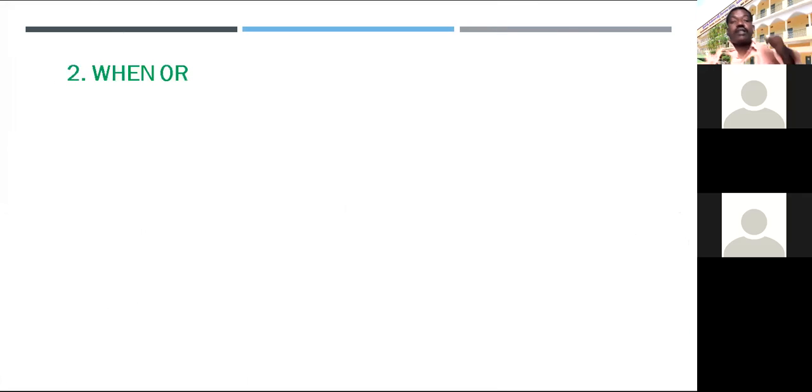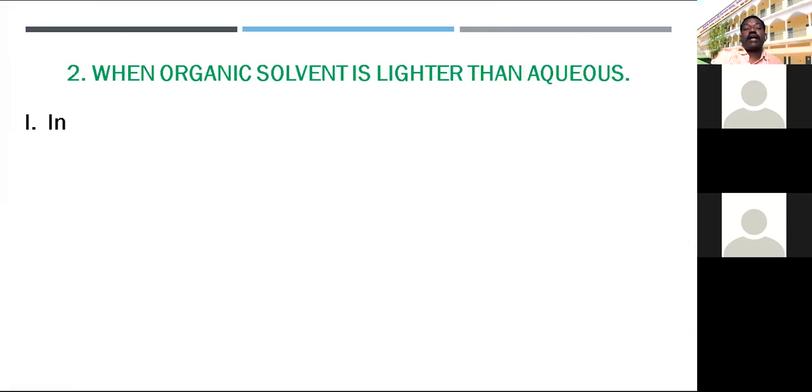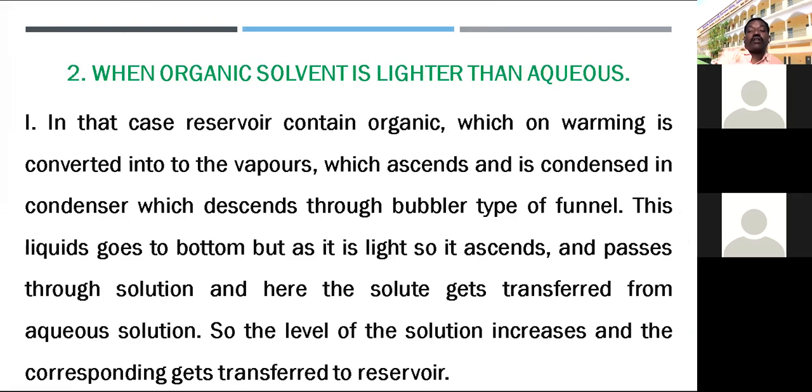The second one is when the organic solvent is lighter than the aqueous. In this case, the reservoir is warmed and converted into the vapor phase. The condenser is connected to a hopper type funnel.